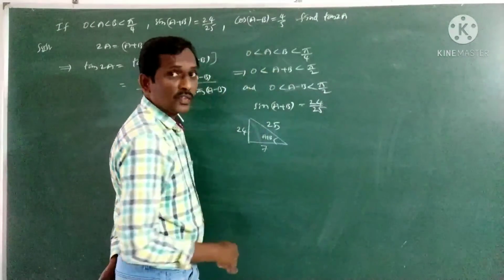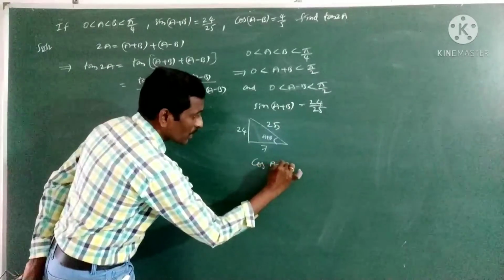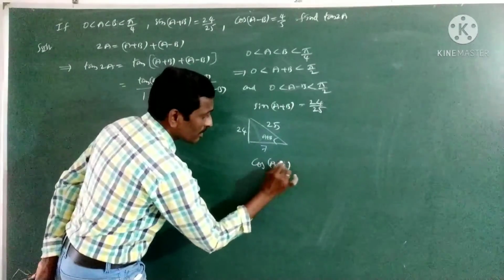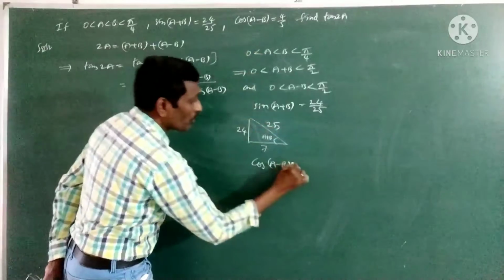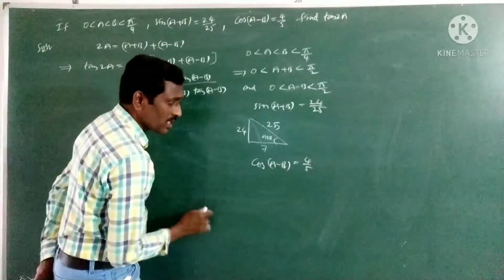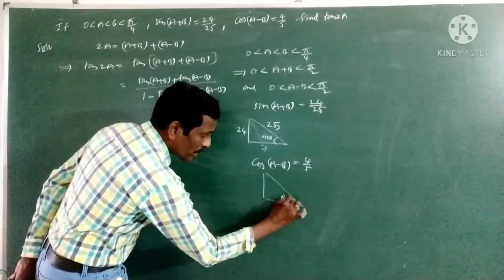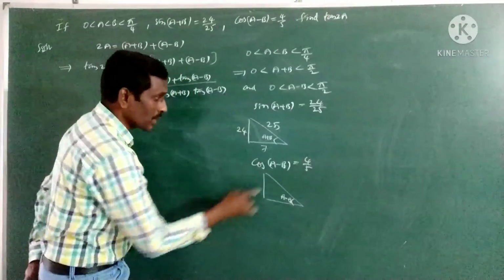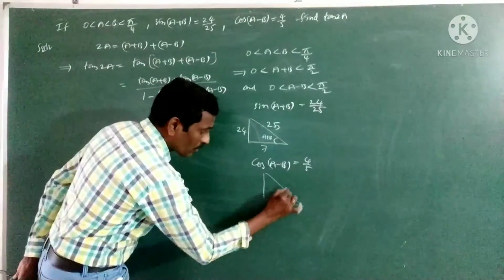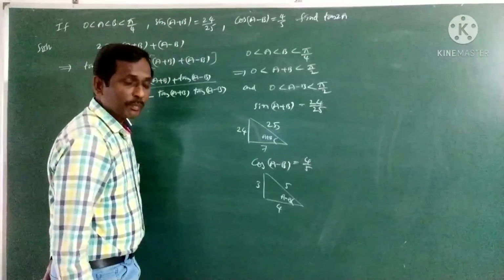Similarly, the cos function of a − b is given as 4/5. If I prepare one more triangle for the a − b angle, the cos function is given as 4 and 5. What is the other side? Using Pythagoras, you will get 3.